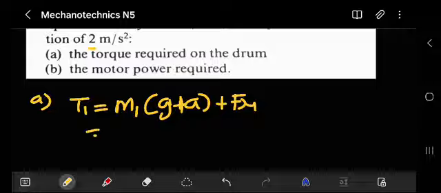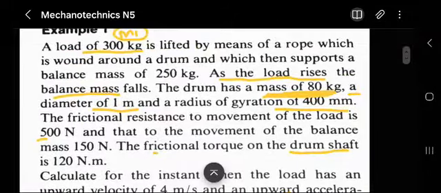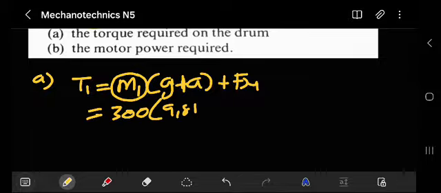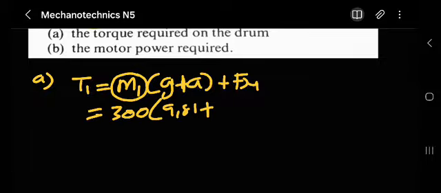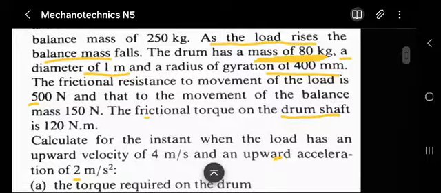This is the mass of the elevator, or the loaded mass, or the cage mass. The one that is elevating is 300 kg. We have here 300 kg, gravity is 9.81, and there we need the acceleration.